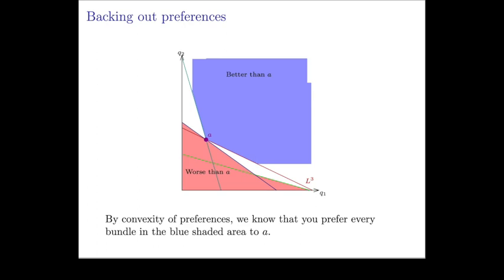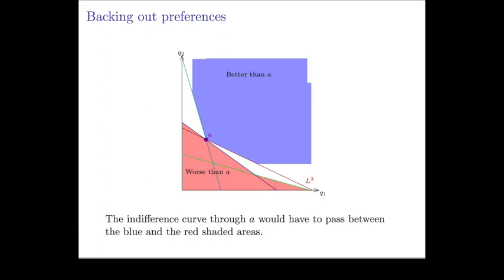Now we've also assumed that preferences are convex. So any combination of two bundles that are better than A is also better than A. So what we know is that at this point, we've been able to identify all this stuff up here that's better than A, and all this stuff down here that's worse than A. So we're getting pretty close to identifying where the indifference curve needs to be.